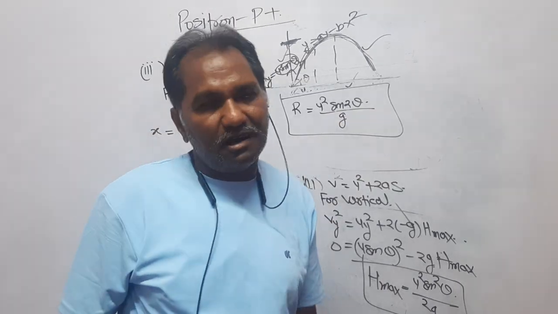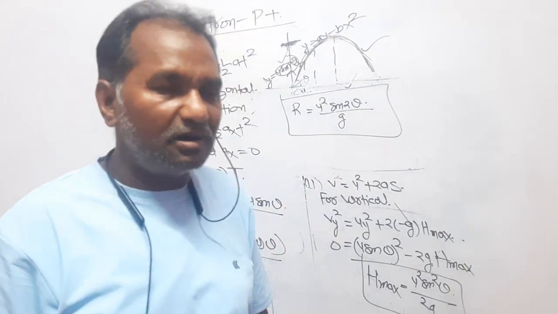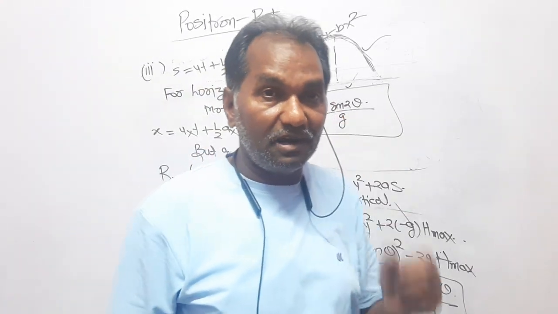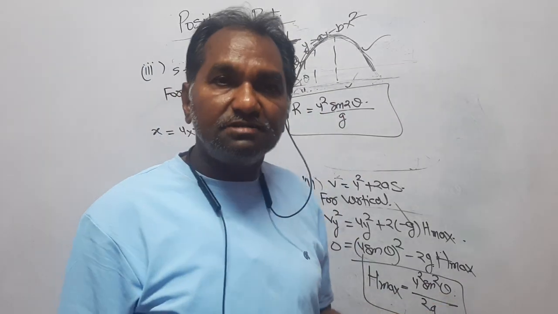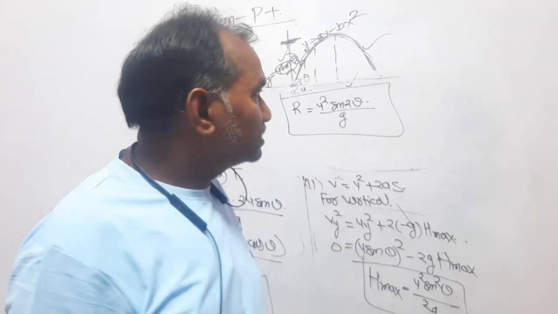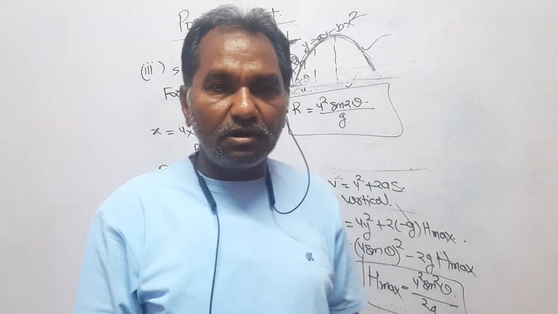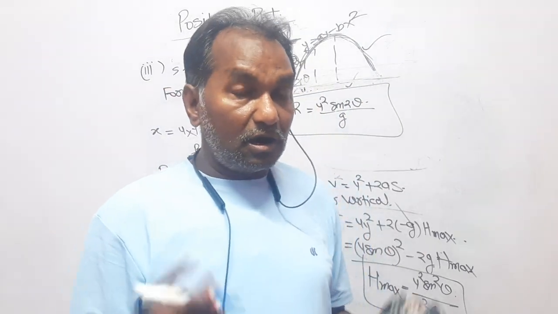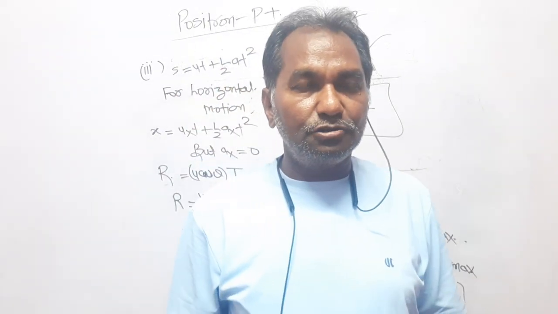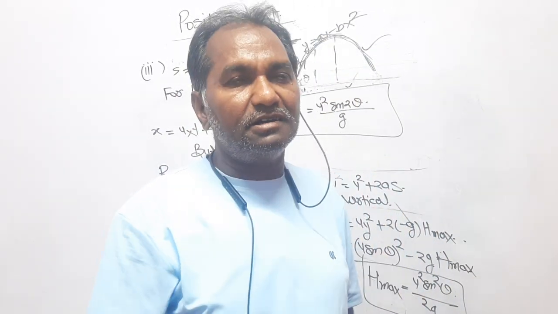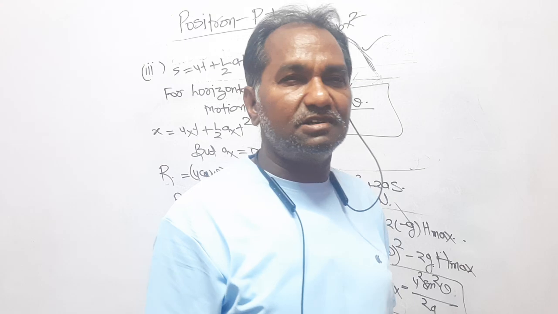Now dear students, a question might be asked, and it is asked especially in boards. I won't boast that it is asked in IITs. In board examinations, such simple questions are asked: what should be the value of the angle, or at which angle should a thrower like Neeraj Chopra throw his javelin to get the maximum distance covered?